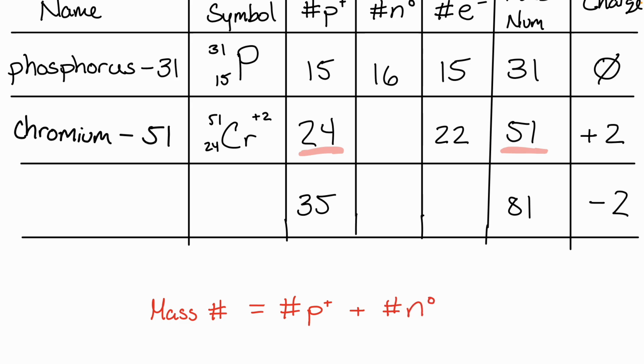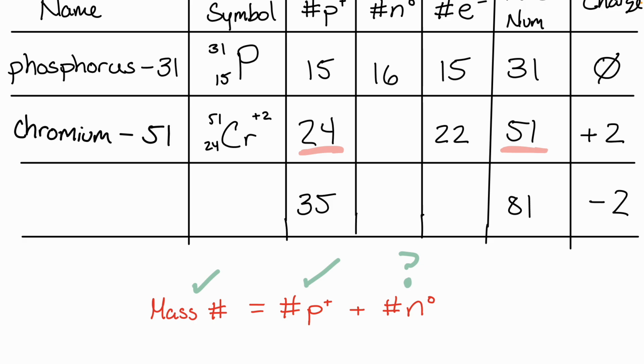And we used this formula to get our mass number in the previous example. Well, in this example, we don't know what that number of neutrons is. But we do have the number of protons, and we've already been given the mass number. And so just like any mathematical equation, as long as you only have one missing variable, you can do some algebra and rearrange to solve for that missing variable.